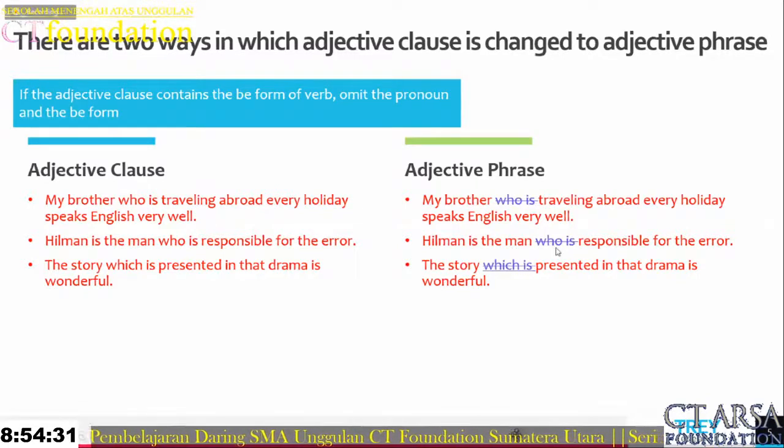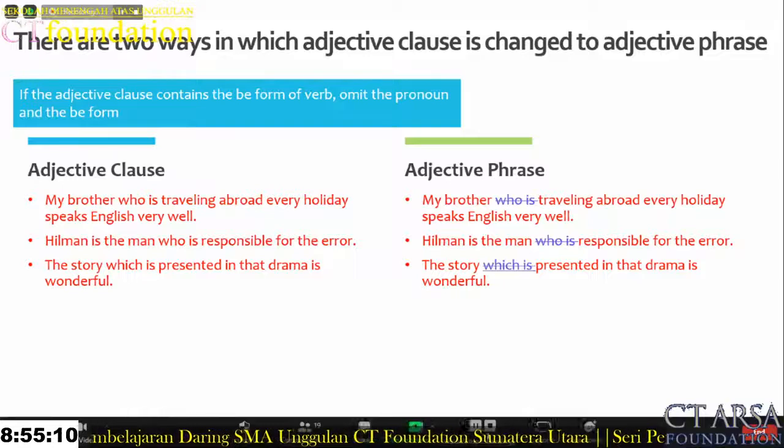We drop the relative pronoun and be when the adjective phrase consists of a noun phrase, adjective and noun. And then number 3, when the sentence is in passive, you can also drop the relative pronoun and be. You keep the past participle there. You don't need to change to ing when the sentence is in passive.